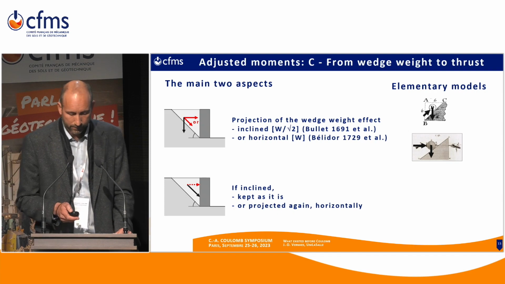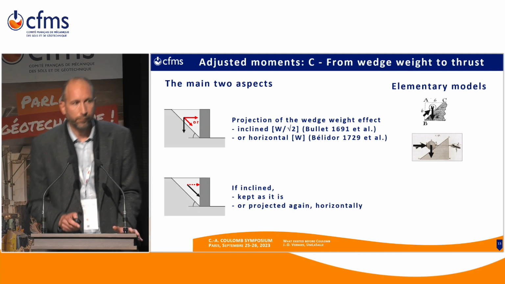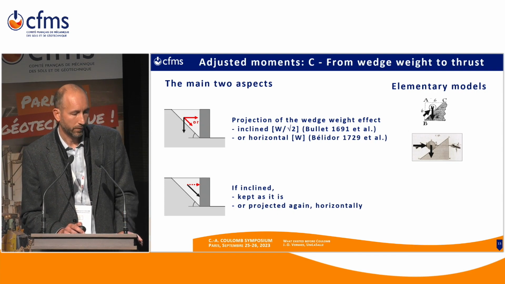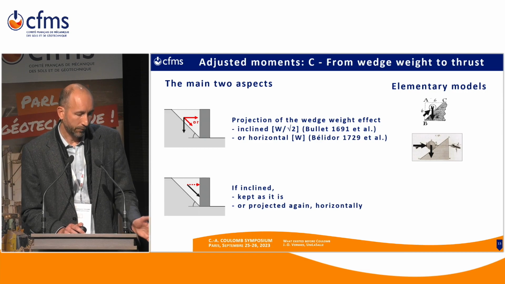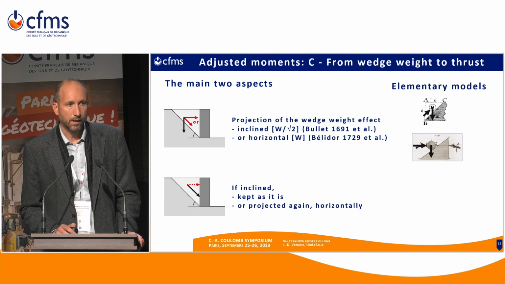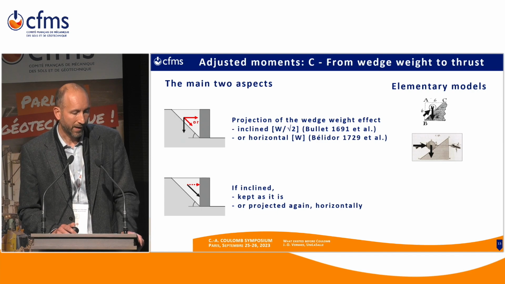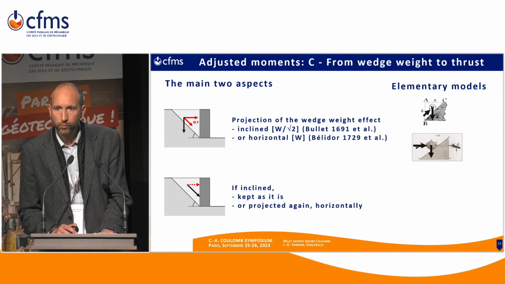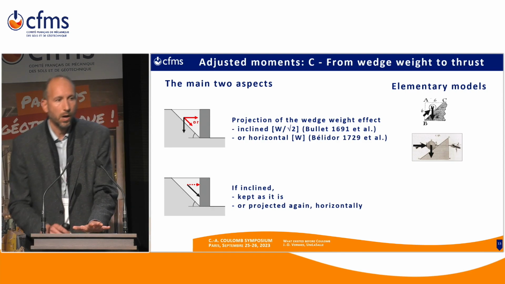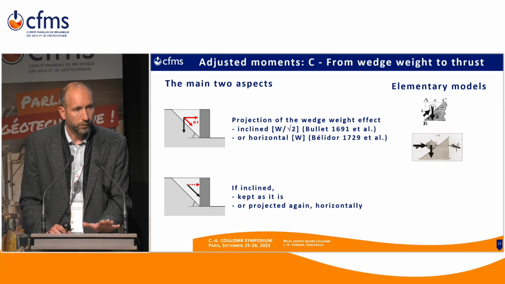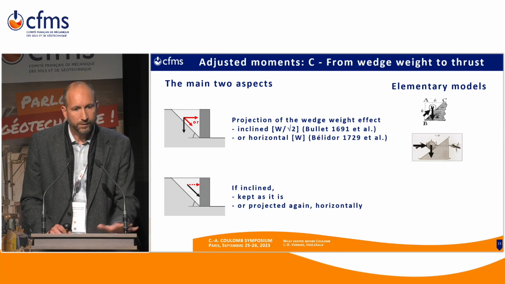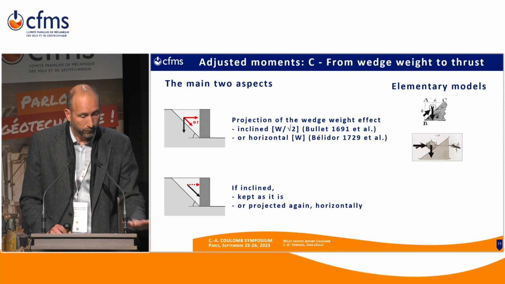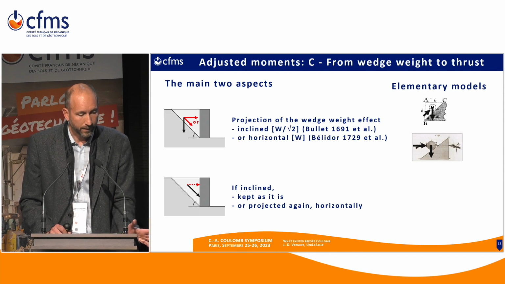So in that case, the factor is the tangent of the slope angle, and if you have a 45 degrees slope angle, then you find a factor 1. So this causes a problem for Bélidor because, of course, he has to explain how some soil doesn't push as much as a liquid of the same density. So if you don't use geometrical projections, then how do you do?